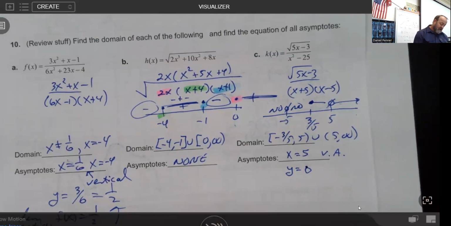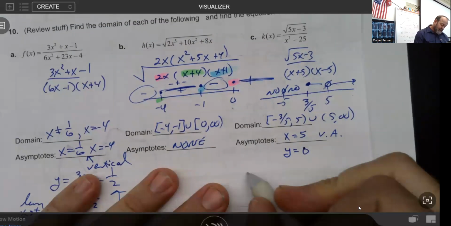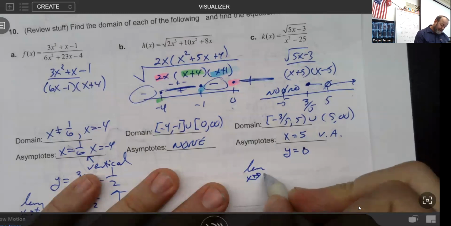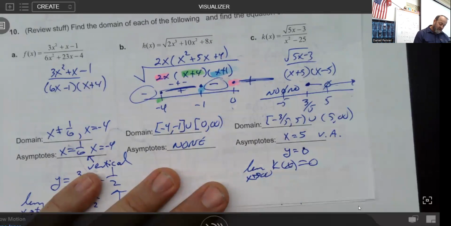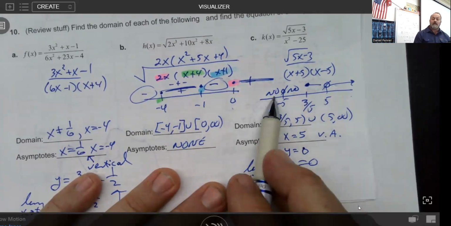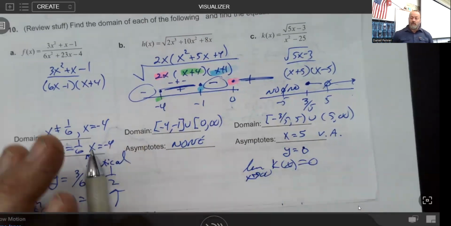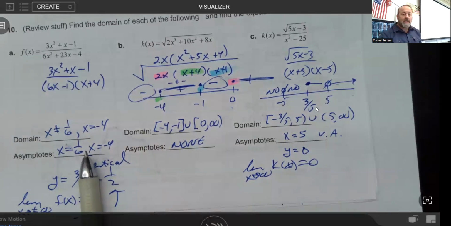Again, there's nothing going to the left, but the limit as x goes to positive infinity of k(x) would be 0. Notice I can't go to the left because it doesn't allow it. So there's only one side that has that horizontal asymptote.